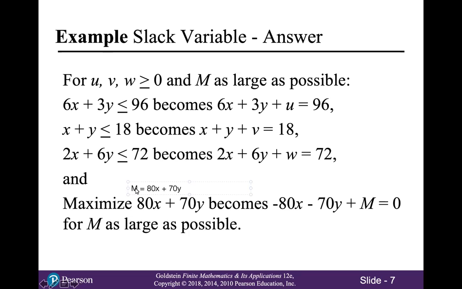And it turns out for the simplex method, you need to leave the m where it is and move the other variables to be over there with the m. So if you subtract 80x from both sides of this equation and subtract 70y from both sides, you end up with negative 80x minus 70y plus m equal to 0. So we have 1, 2, 3, 4 equations. We're looking for the solution to that system of equations that gives you the largest possible value of m.